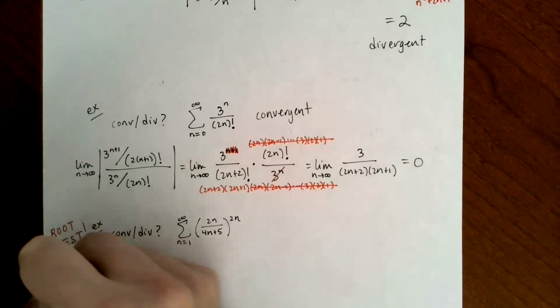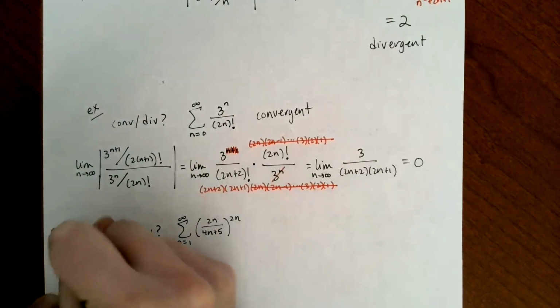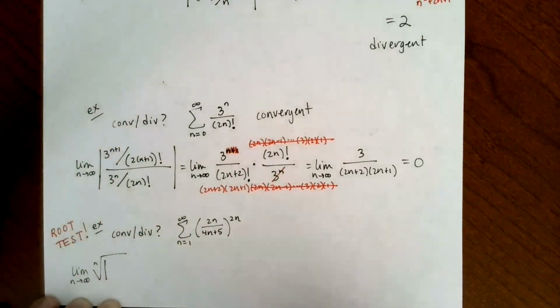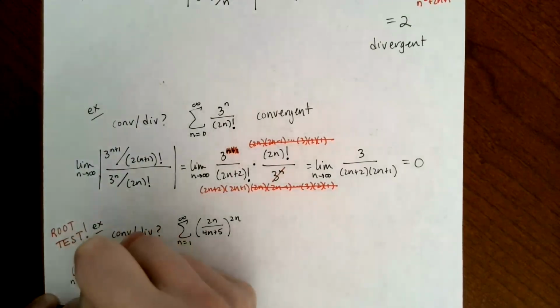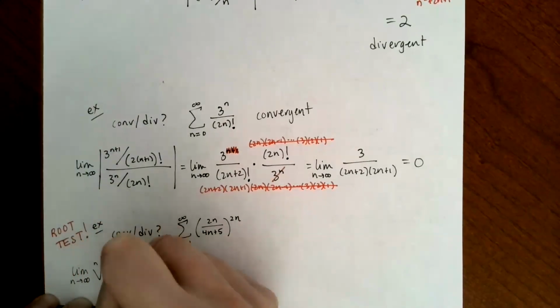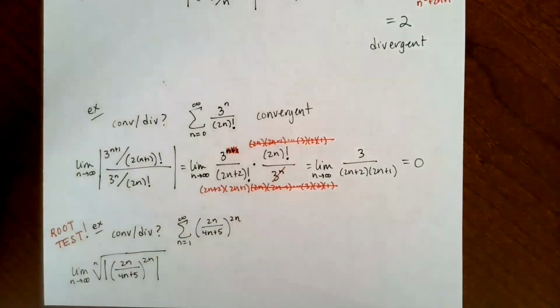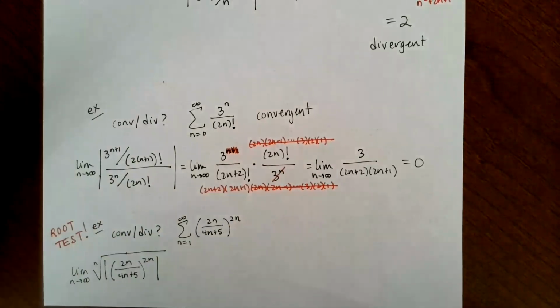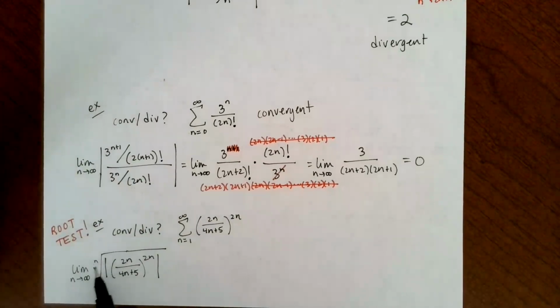So I have the limit as n approaches infinity, the nth root, the absolute value of this formula. In this particular case, all these terms are positive. So in my very next step, I'm going to completely ignore those absolute values because they didn't actually do anything. This nth root is the same as the 1 over n power.